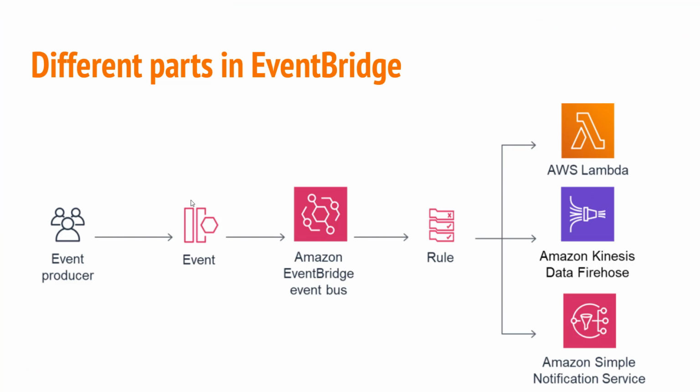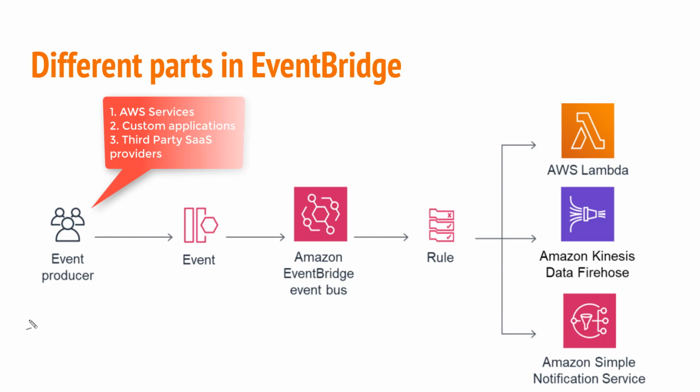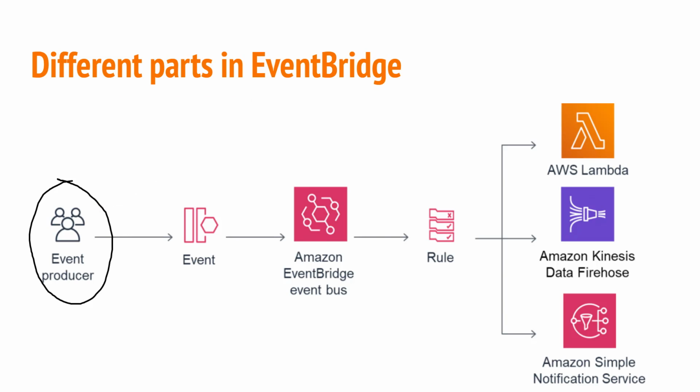Let's cover different parts in EventBridge. First and foremost would be the producer of your events. So this can be your custom application or any AWS service such as EC2, SQS, S3 or any SaaS application. For example, an event can be produced by S3 put object, or in your custom application, an event can be produced once a user is registered to your application.